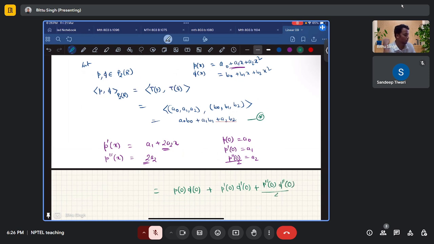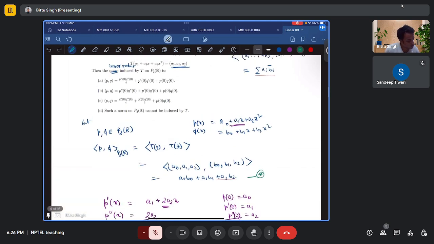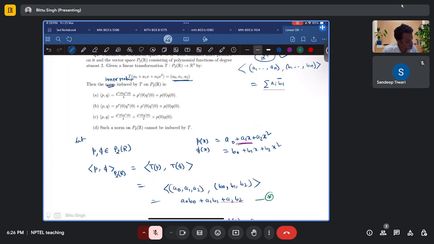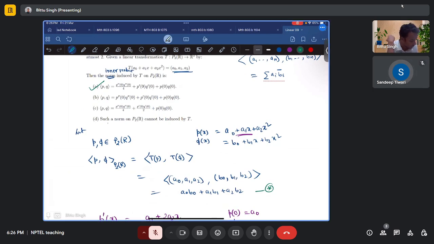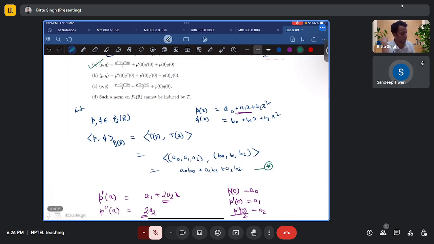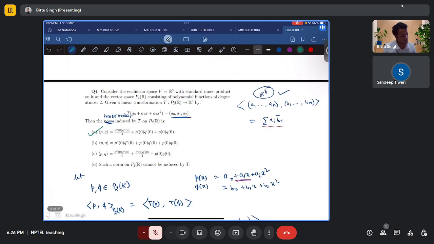So those are 2 into 2, which means 4. Which option is correct? This one, A. Sorry, A. Such an inner product always exists. So this is the inner product.